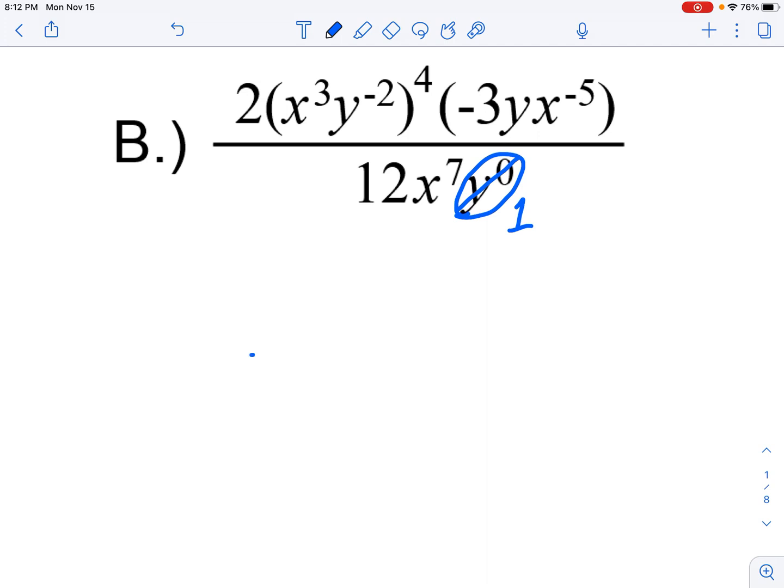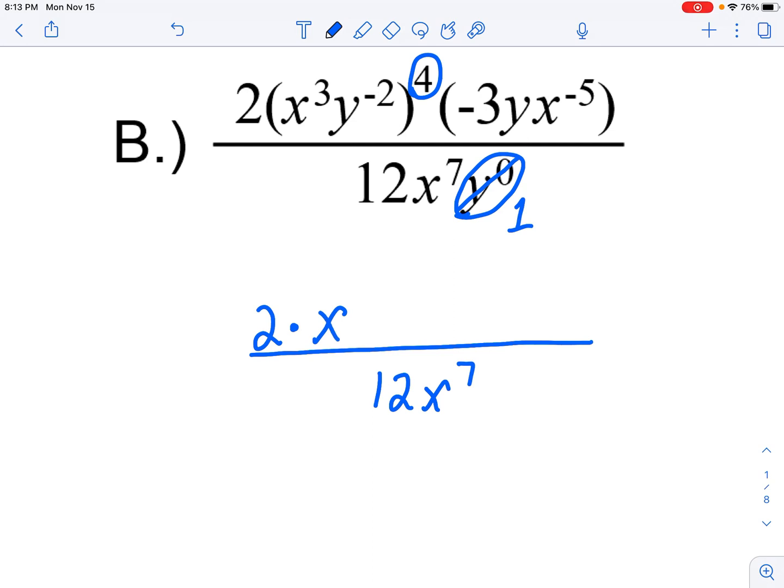So now I'm going to try to clean up the numerator first. So I'm going to write down that I have 12x to the 7th on the bottom. I'm going to distribute this exponent. The 2 out in front doesn't get changed. Let's see. X to the 3rd to the 4th power, power to a power, I multiply exponents.